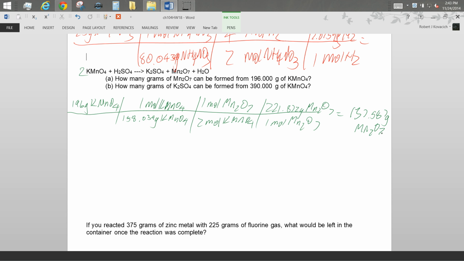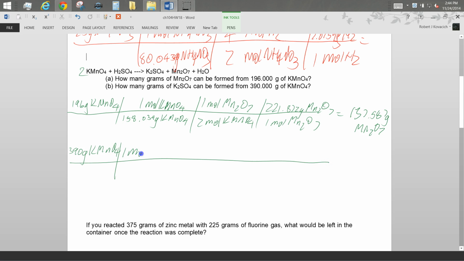Okay. How many grams of potassium, or sorry, what's that first thing in B? Potassium sulfate. Potassium sulfate can be formed from the potassium permanganate. So this time it's the same sort of question, it's just we're looking for a different one of the reactants. So I'll go 390 grams of KMnO4.